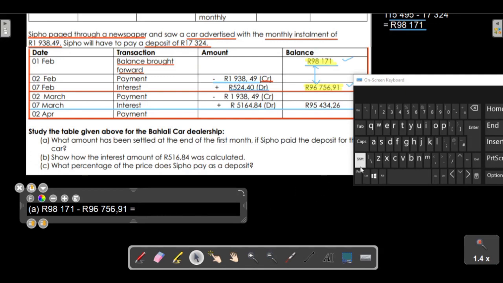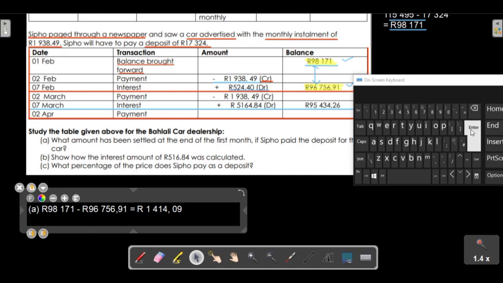So that means he must have settled 1,414.09. That's how much he has settled for that particular month.